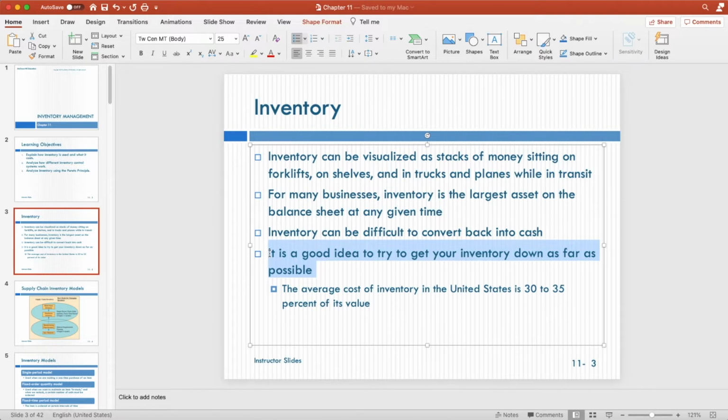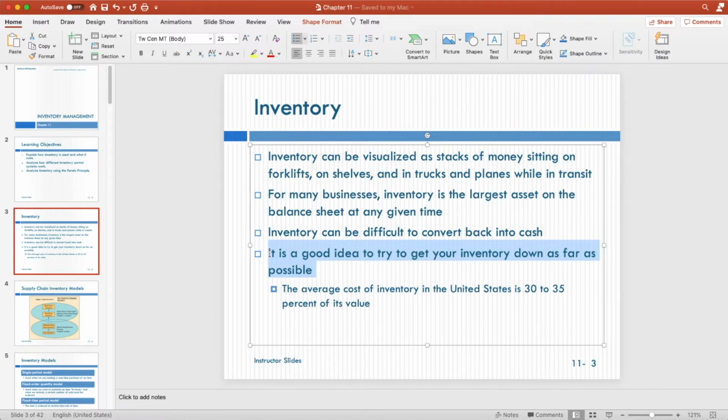You can view inventory as a buffer in order to prevent some uncertainty. So firms emphasize the importance of inventory, but also try to decrease the inventory level into an appropriate range. That's what we want to deal with within this whole chapter. We need inventory, but we want to keep it at an appropriate level.